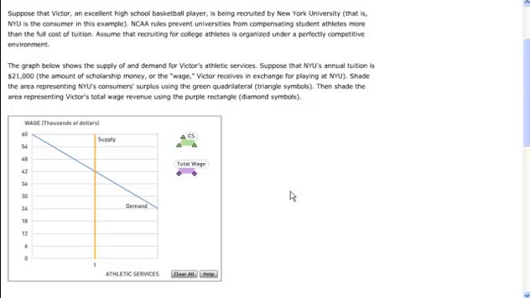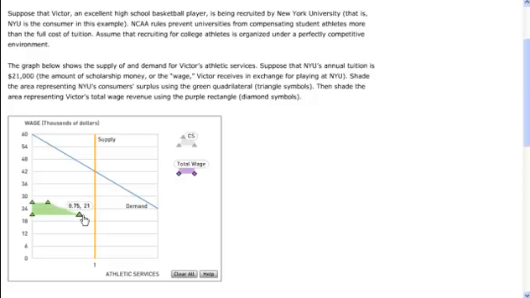First we're asked to shade the area representing NYU's consumer surplus using the green triangle symbols. So we're going to click on these and bring it over here, and try to get it set at $21,000, which is sometimes easier said than done. I've got the bottom part set at $21,000.